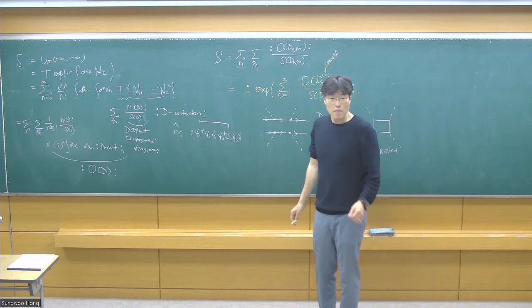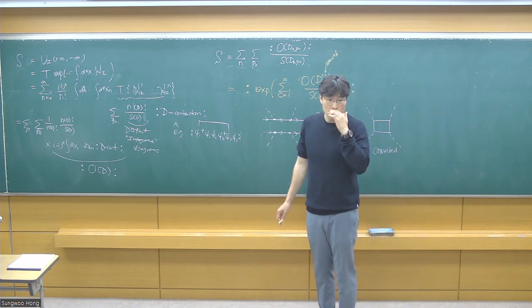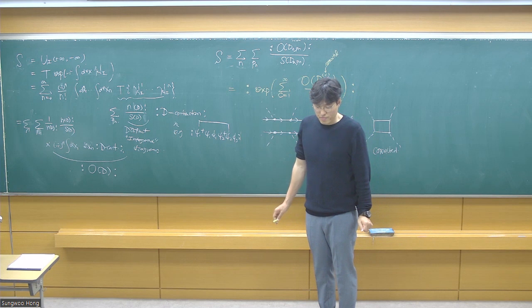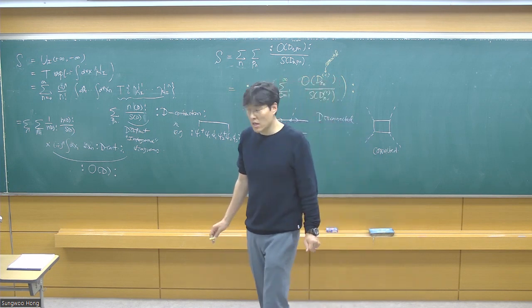So you're calling diagram A and diagram B the same pattern only if they are topologically the same, up to some permutation of vertex indices. Could you clarify what the same pattern is? Yeah, good.